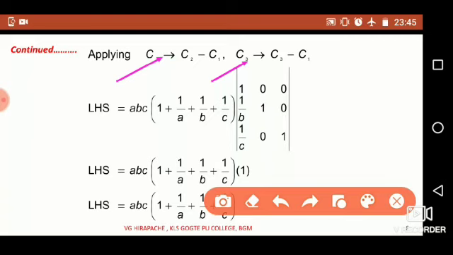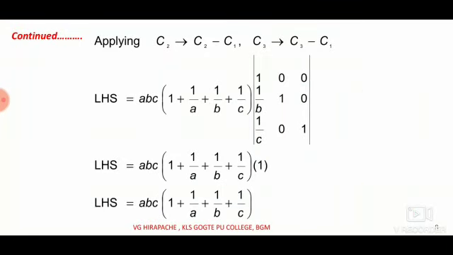Now, as we have seen in the 8th property, if the elements above or below the principal diagonal are all zeros, then the value of the determinant is the product of the diagonal elements. Therefore 1 into 1 into 1 gives 1, and we get abc into 1 plus 1 by a plus 1 by b plus 1 by c. So the left hand side is equal to the right hand side.